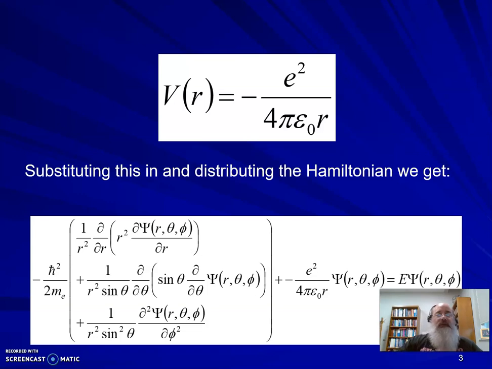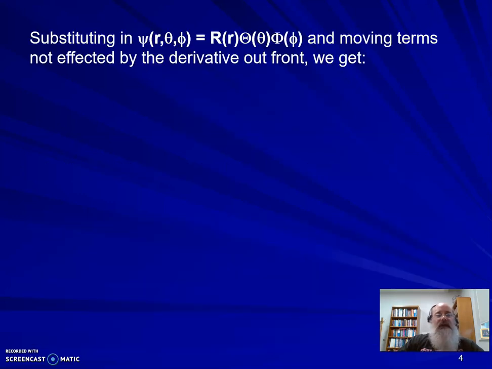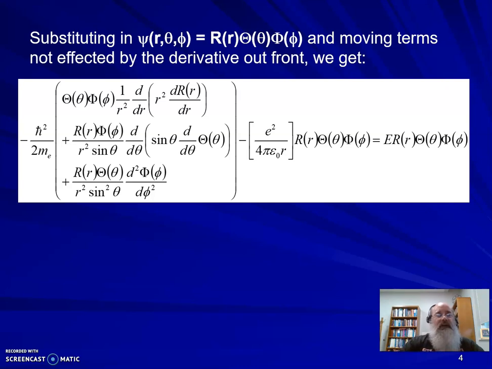So if we substitute that in there, now this is going to start to look more and more complicated for a second or two, and then it'll get a little bit easier. If we substitute that in there, we see a full-fledged Schrödinger equation that looks like this. So functions for r, theta, and phi have been substituted in for psi.